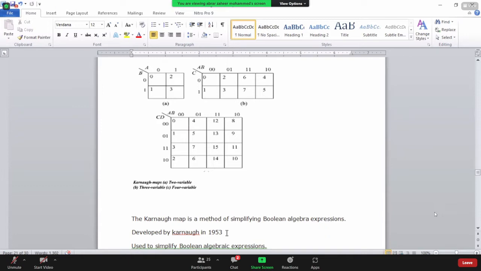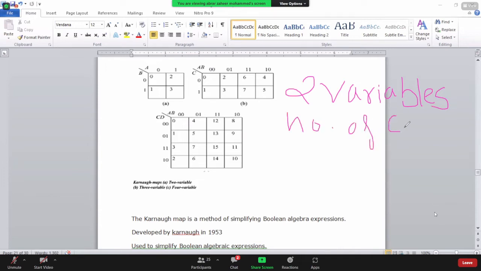So in the 2 variable K-map, here you can see this is the 2 variable K-map. We have 2 variables, that is A and B. So the number of cells for the two variable K-map will be how much?